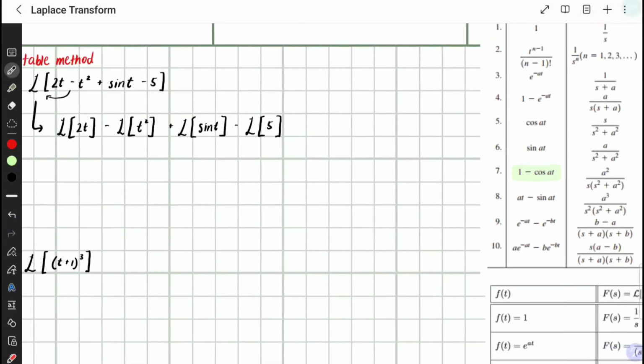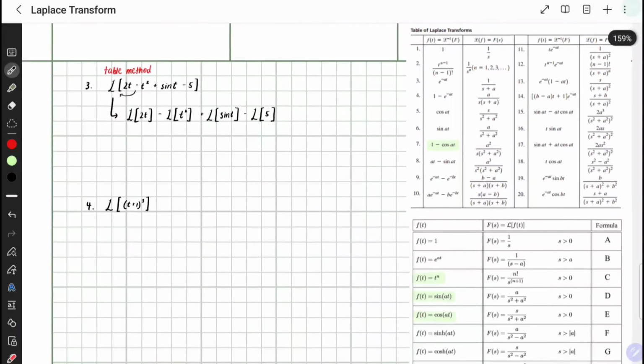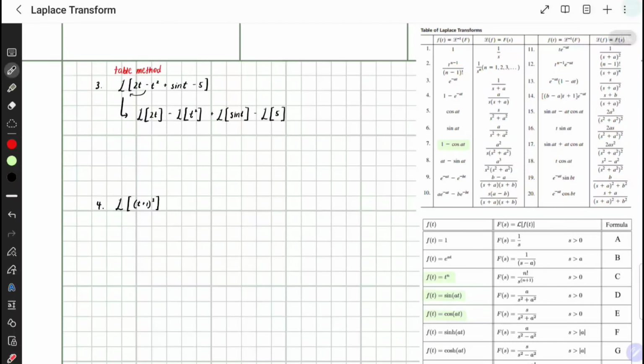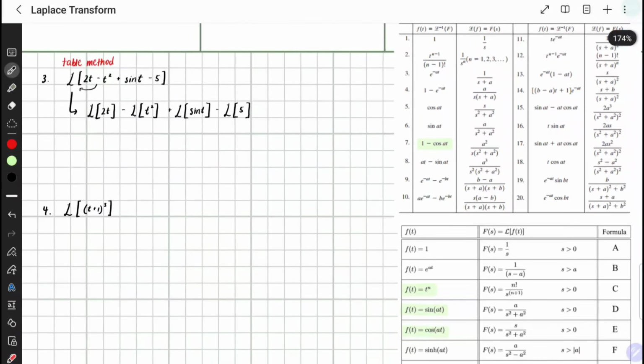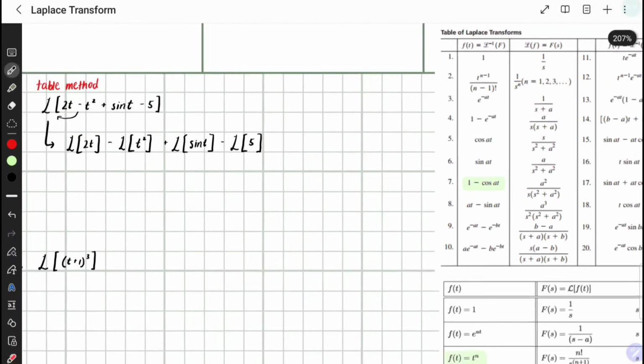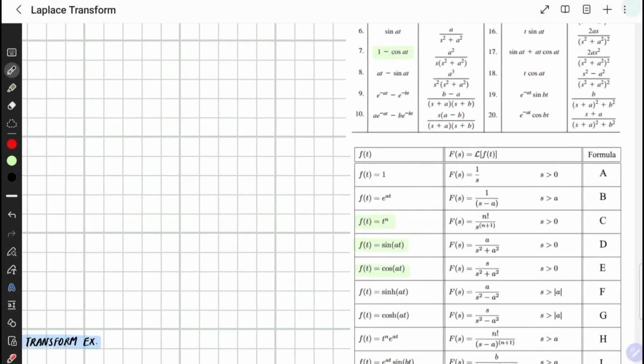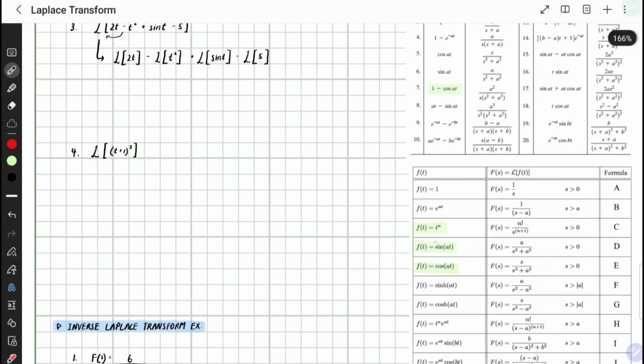So the Laplace transform of 2t. Go to our table. I just put in two tables here since the first one wasn't comprehensive, but we'll find what t is. The 2 is just a constant, so this is essentially the Laplace transform of t times 2. If you look at this table, right here, t to the nth power.